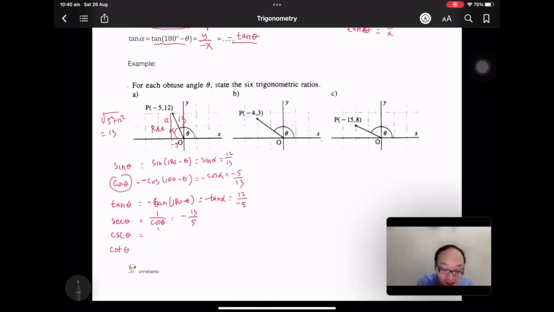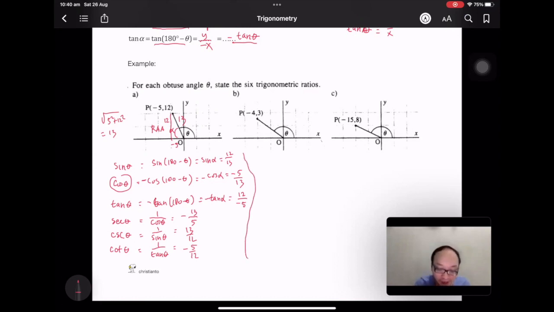Cosecant is 1 over sine theta, which is 12 over 13, so the reciprocal is 13 over 12. And cotangent theta will be 1 over tangent theta. So this equals negative 5 over 12. That's for the first one.